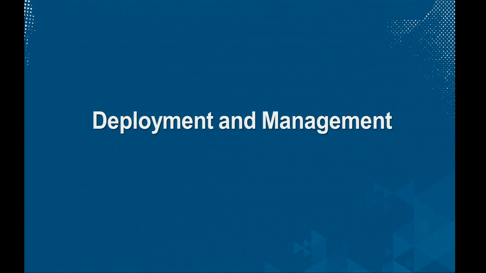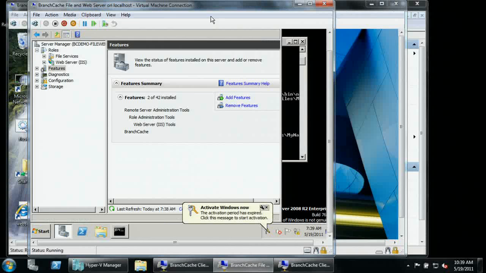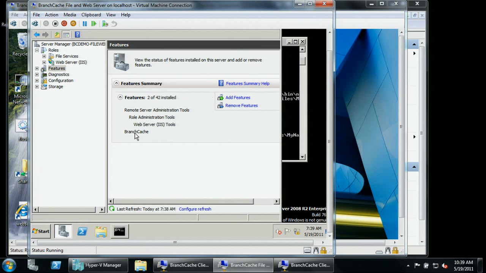So how do we actually deploy this? BranchCache is deployed through an optional feature and role mechanism. So you go into Windows Server 2008, and I'll just switch over to that very quickly. I've got my Server Manager here. You go in and install a feature called BranchCache.